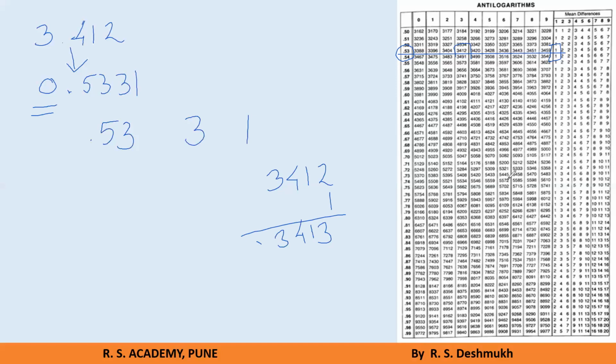I write the answer as 0.3413 times 10 raised to that power, that is 1. So 0.3413 times 10 to the power 1 is nothing but 3.413.